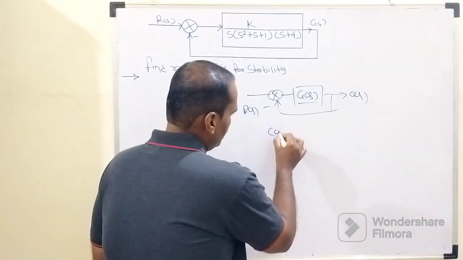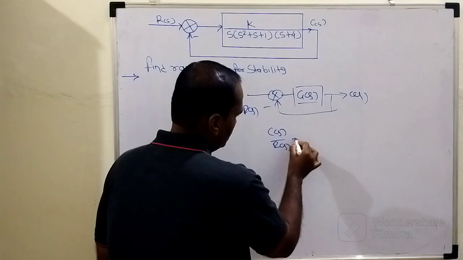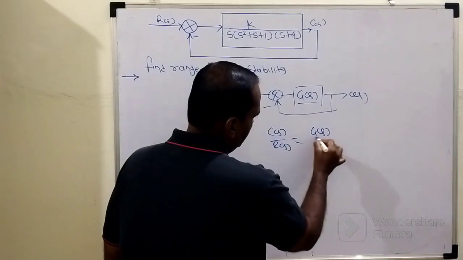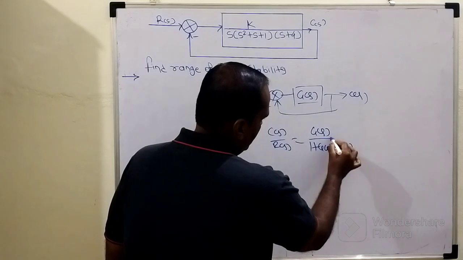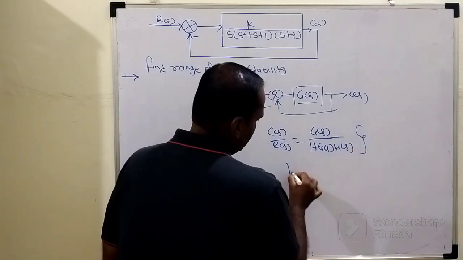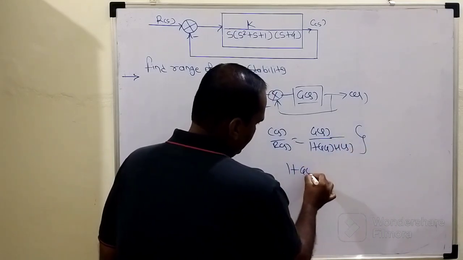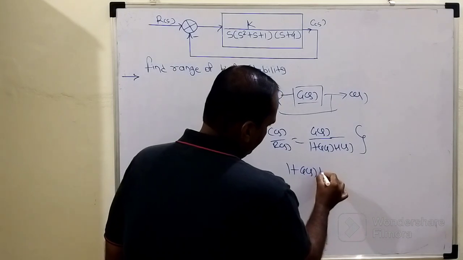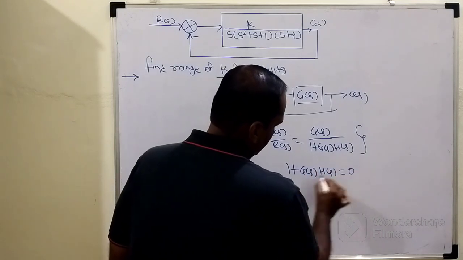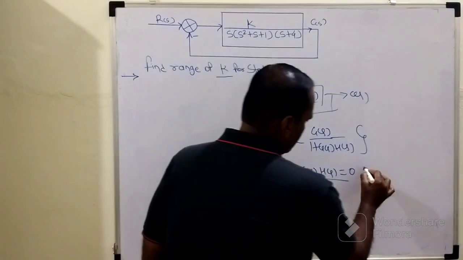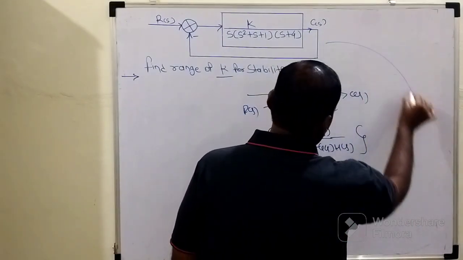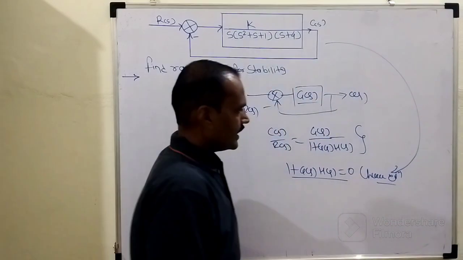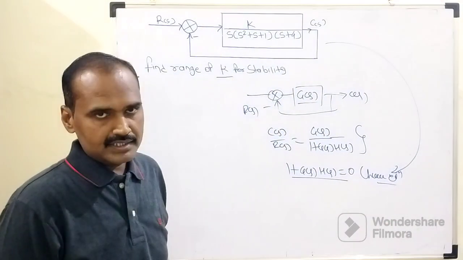Its transfer function is the ratio of output to input, C of s upon R of s, so it will be G of s divided by 1 plus G of s into H of s. When this denominator, 1 plus G of s into H of s, is equated to 0, the whole term is called the characteristic equation. The Routh stability criteria always deals with this characteristic equation.